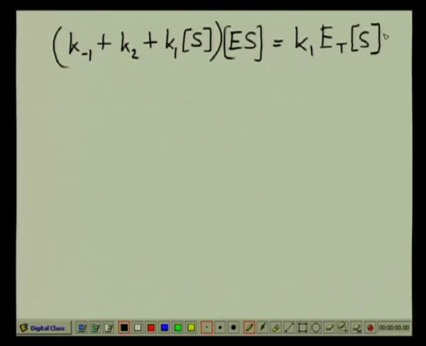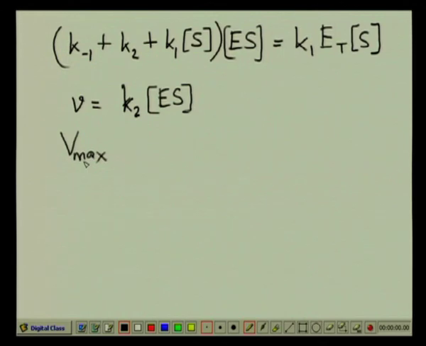Now, we are going to use some more information here. The velocity of the reaction, what was the velocity of the reaction? It was K2 ES. I am going to use another term here now. If this is K2 ES, I can define a V max. The V max is the maximum velocity the enzyme can attain.